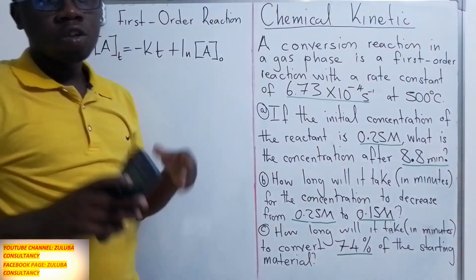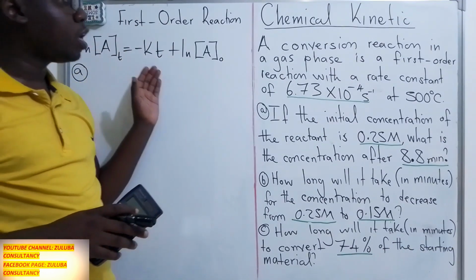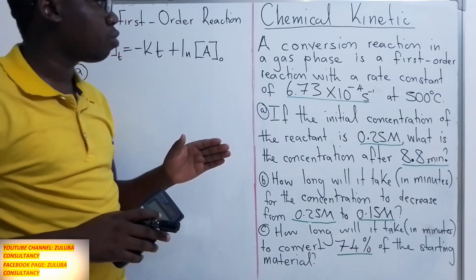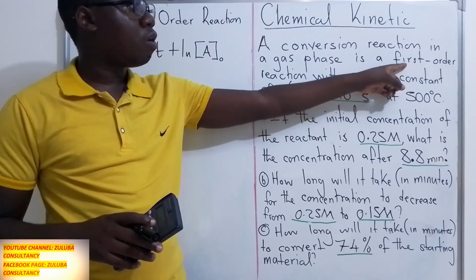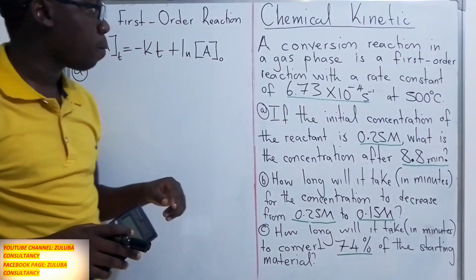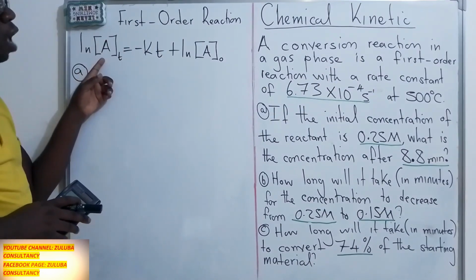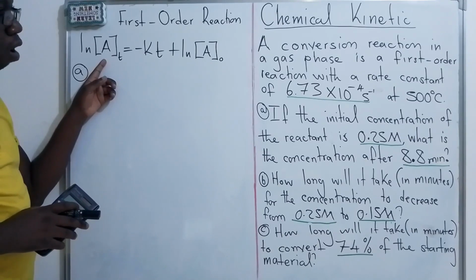minutes? So when it comes to this question, we need to take note in which order the reaction is taking place. In this case, we have been given that the order is the first order. So you need to remember this equation. This is the equation that obeys the first order reaction.